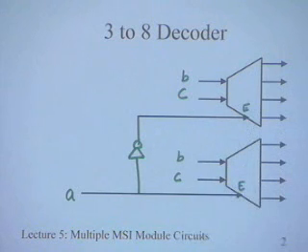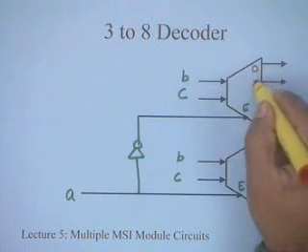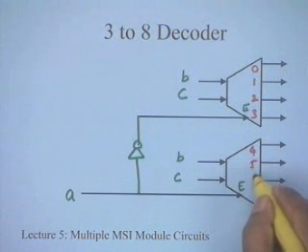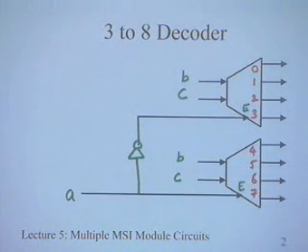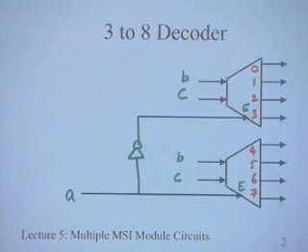What this enable input does is that the outputs are enabled only in case this enable input is 1. So this is 0, 1, 2, 3, 4, 5, 6, 7, the 8 minterms corresponding to the 3 variables A, B and C. So I need 2 decoders plus an inverter.